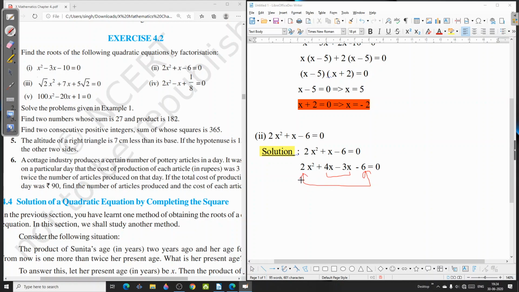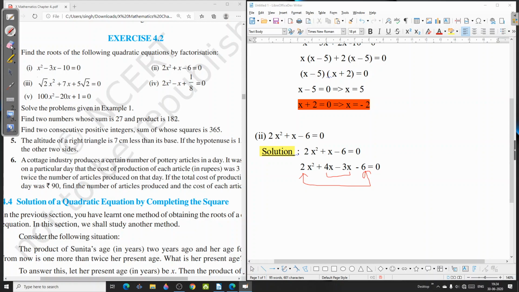So the product of the extreme two numbers, that is a into c, should be equal to the product of the coefficients of the two middle terms. 4 into minus 3 is minus 12, and a into c, that is 2 into minus 6, is also minus 12. So this splitting is correct.